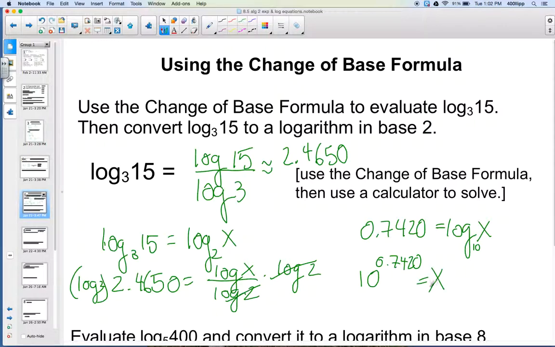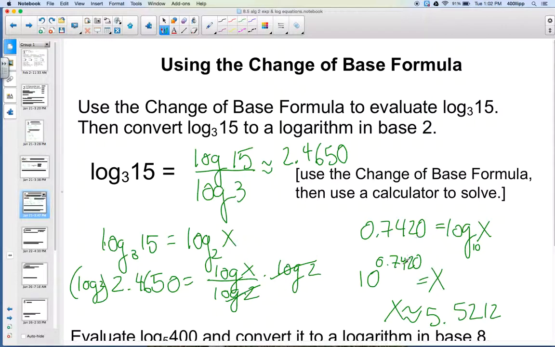And we should come up with an answer of x is about 5.5212. And again, you can plug this back in to check that it's the correct answer.